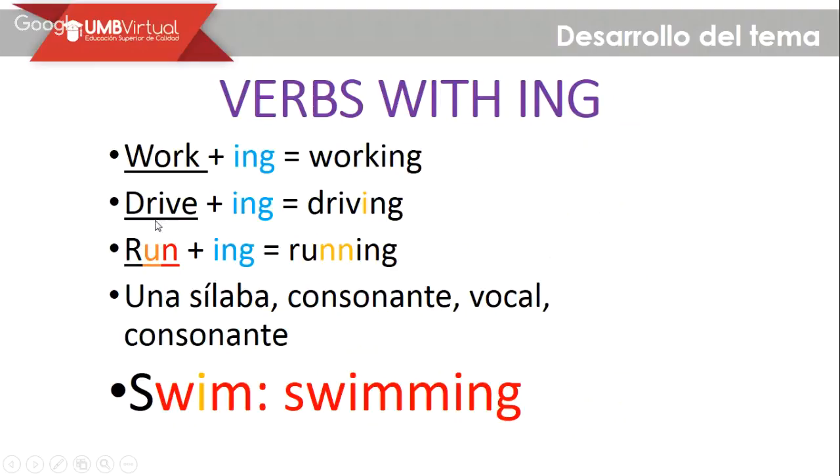Now, if the verb ends with an E, like in this case, we are going to delete that E and add ing. Now, if we have a verb that includes consonant, vowel, plus consonant, we are going to double the final consonant and add ing.